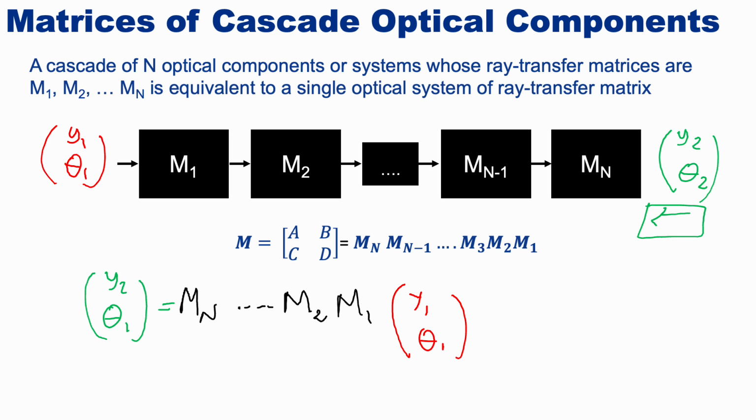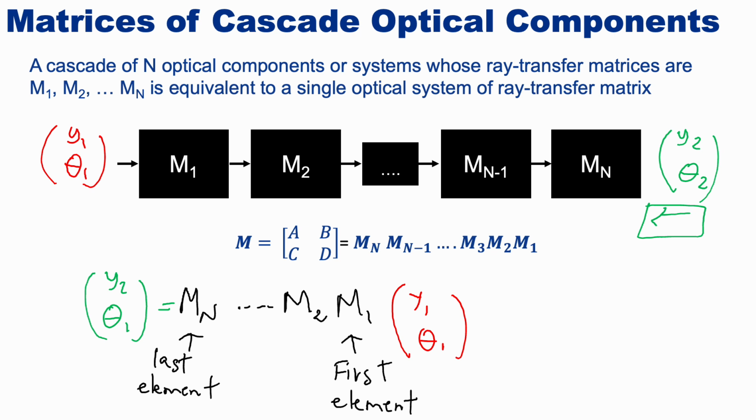Remember, this is going to be our last element of the system, and this is going to be our first element. So the multiplication of the matrices is not from left to right, it's from right to left, from the output plane to the input plane.